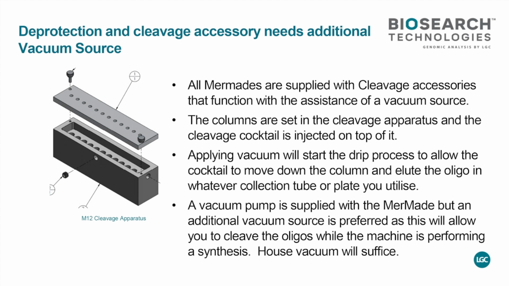After that, you would want to incubate it either benchtop or in the oven, anywhere from 2 hours to overnight, at different temperatures. Again, for each type of chemistry, there is a suggestion on how to do it to make sure that everything works and you remove all the protecting groups and you have a nice cleave off the support.